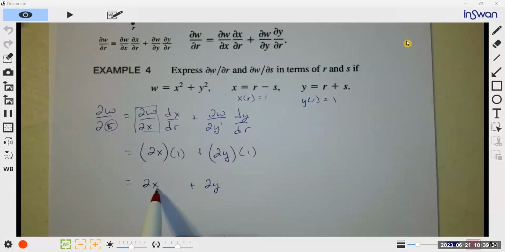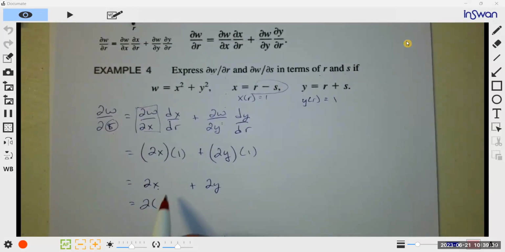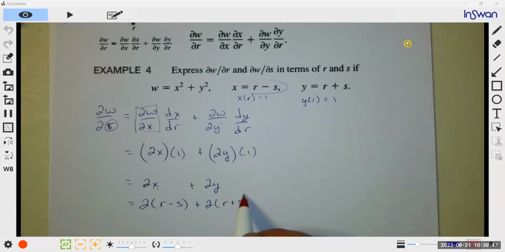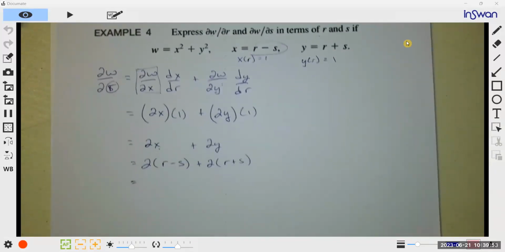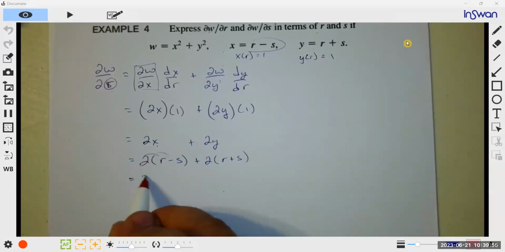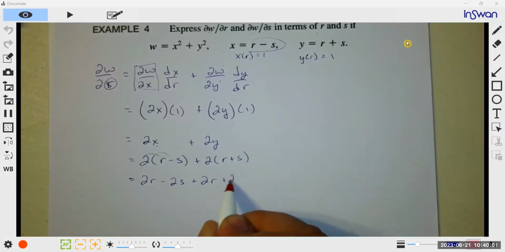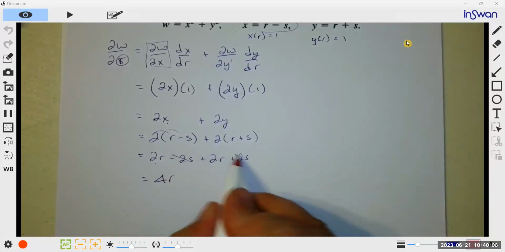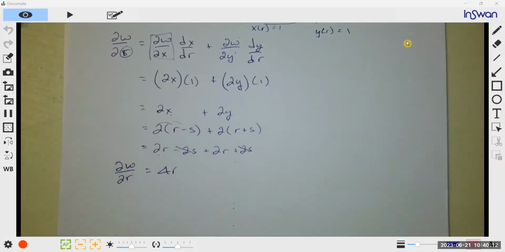So what is X? X is R minus S. Y is R plus S. 2R plus 2R is 4R, negative 2S plus 2S is zero. So the partial of W with respect to R is 4R.